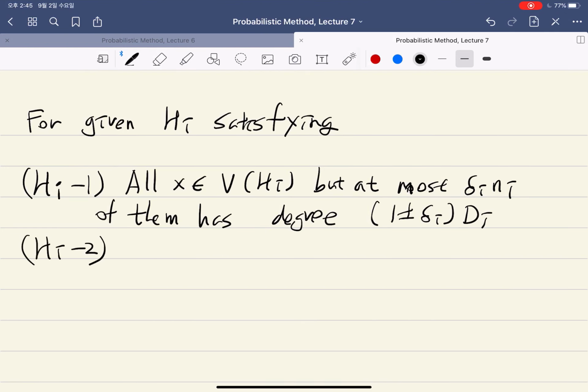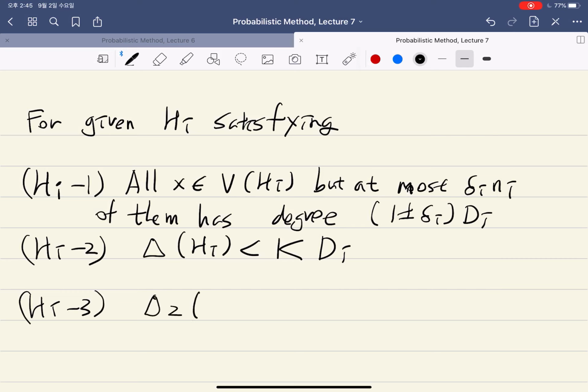Condition 2: its maximum degree is at most this large, K times Di. Condition 3: its codegree is at most delta i Di.